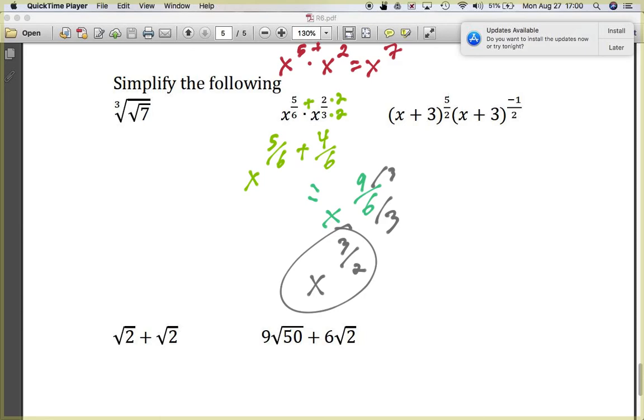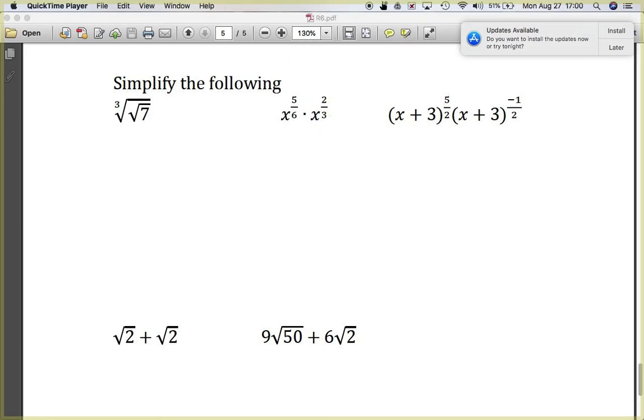Okay? Something we don't talk about a lot, but you'll need to know because I'm sure it will show up at some point in college algebra. You notice how these bases are the same? If they're exactly the same, you can actually treat it exactly like this one, meaning I get x plus 3 because those are my bases with 5/2 plus a negative 1/2.